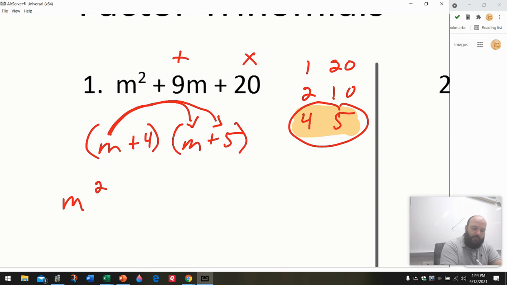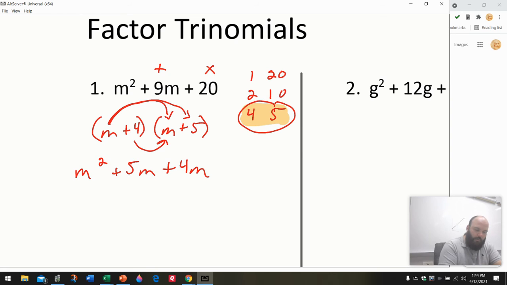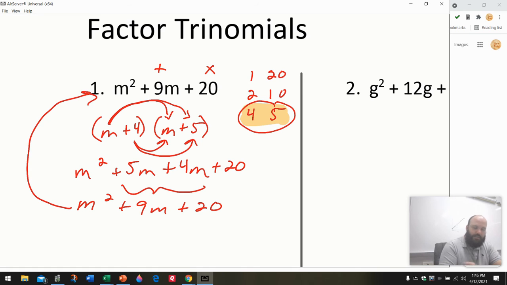M times 5 is 5m. 4 times m is 4m, and then 4 times 5 is 20. When I add the two like terms together, I get 9m plus 20, and you can see that this matches exactly what I started with, which means my original factoring was correct.